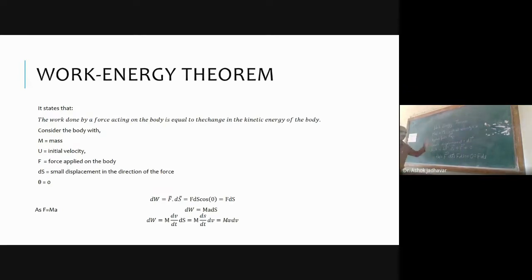Okay. Now using just the same method that we discussed in the last 2 to 3 minutes ago, we are going to apply the same method here. So we need to use Newton's second law of motion, and we can write the definition of force as F bar equals m a bar, and if I apply this F in the equation of dw, then I can write dw equals, in place of F we are going to write ma, and ds will be there.